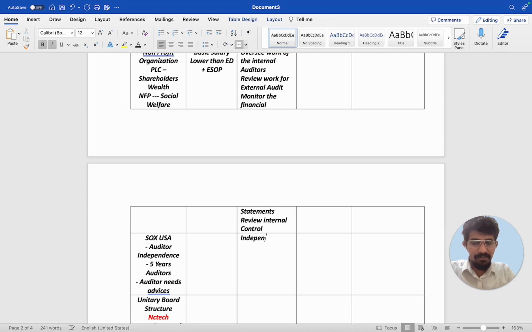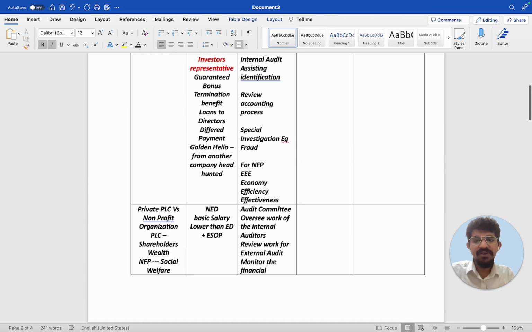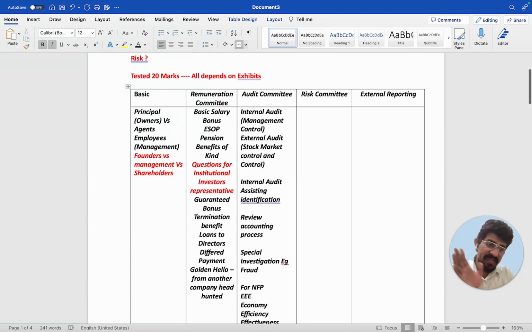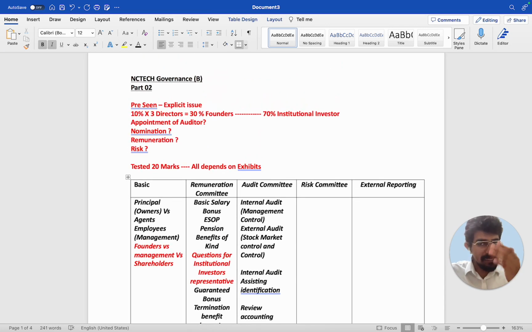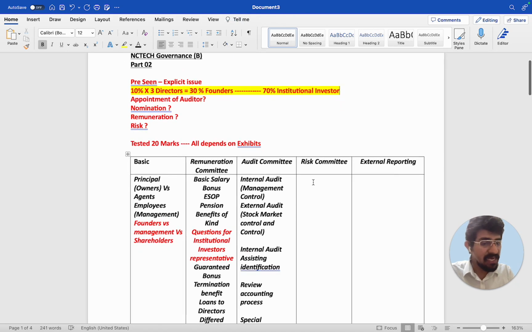Again, I'm repeating the same thing: everything depends on the exhibit. If you observe this section, entire corporate governance is completely useless in Nctech. They are very openly saying they are not following anything. The rationale is very clear: 10% owned by the founders and they are dominating the rules. So I believe that is clear.